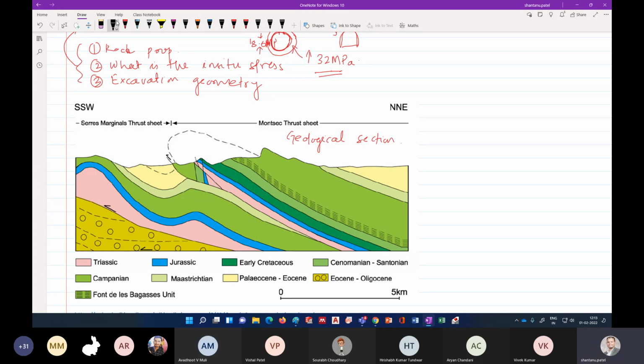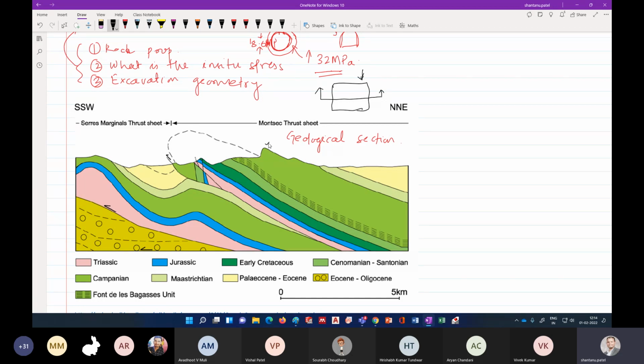So this is the same kind of section. Let's say you are looking at the ground from the top, from a satellite, and some geological features are there. If you take a section here and look, it appears as a vertical section.